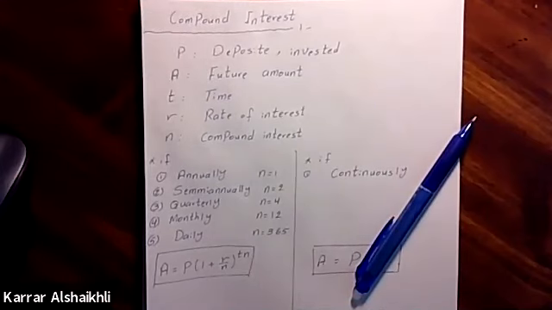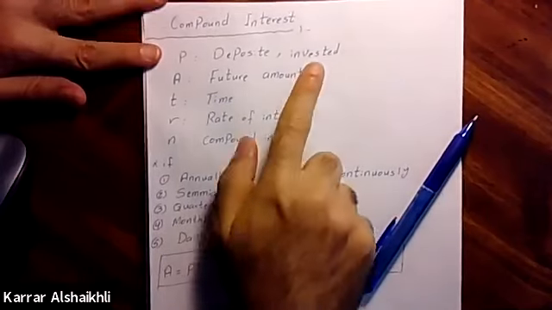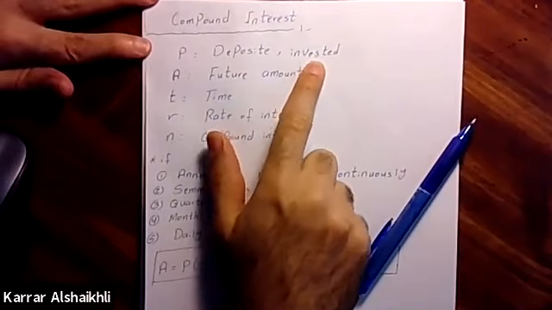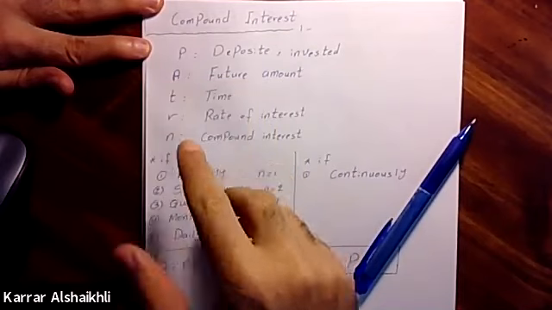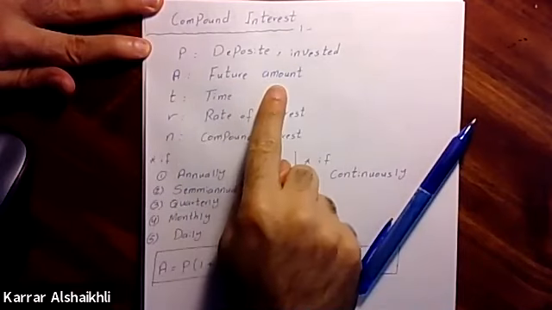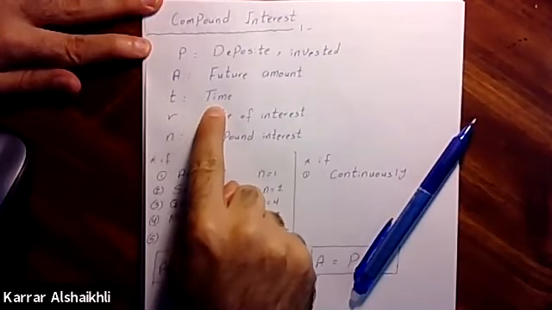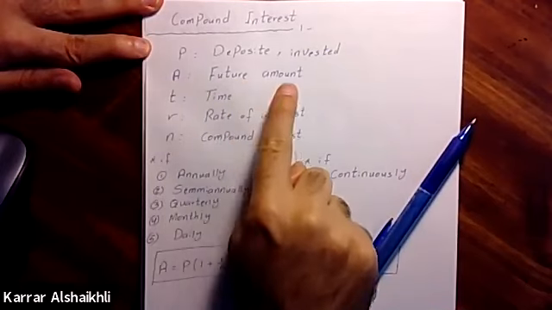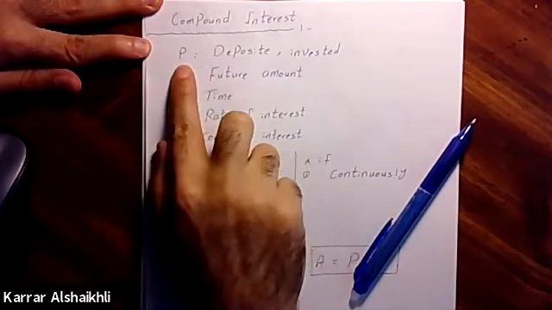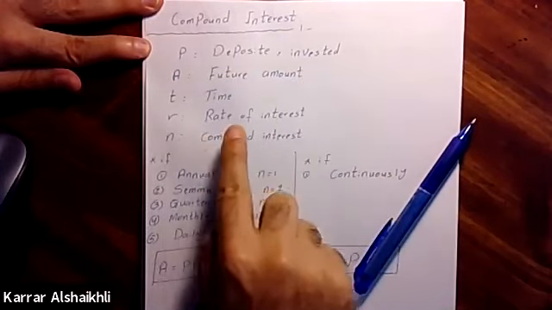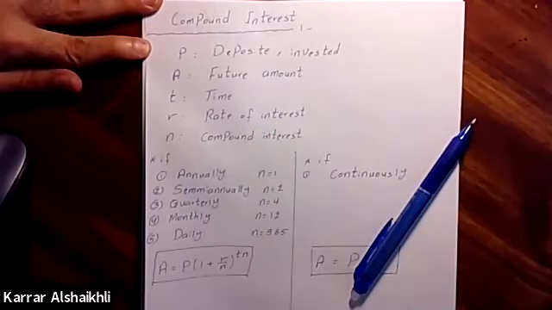If you open a bank account and you invest a certain amount of money, how much is going to be in your bank account in the future, like in 10 years. So T is the time, A is the future amount, P is the deposit or the invested, R is the rate of interest. They're going to give you a rate of interest like 5%, 10%, it depends.